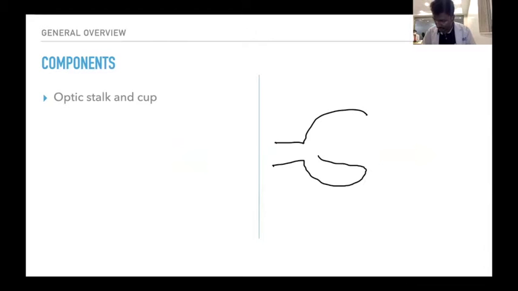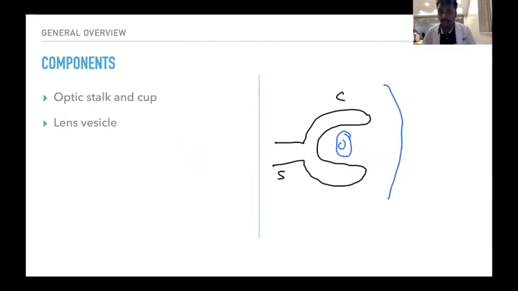So let's look at each individual player of the race. We have our optic stalk and cup. Optic stalk, this is the optic stalk. We have the optic cup. We have the lens vesicle, which invaginated earlier from the surface ectoderm, if you remember. And we have the vasculature.